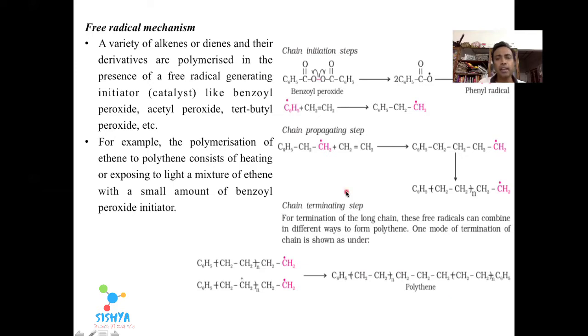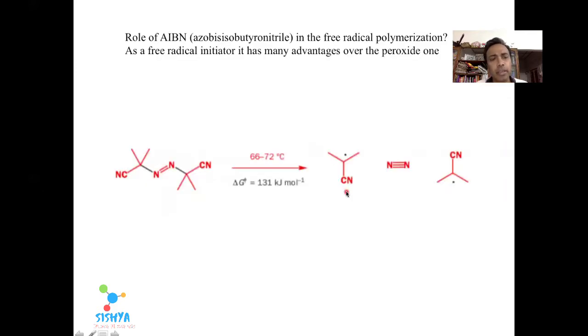Earlier, in an examination question, there was azobisisobutyronitrile. What is the importance or role of AIBN in free radical polymerizations? In free radical polymerization, it is always used as a free radical initiator, which has many advantages over the peroxides.